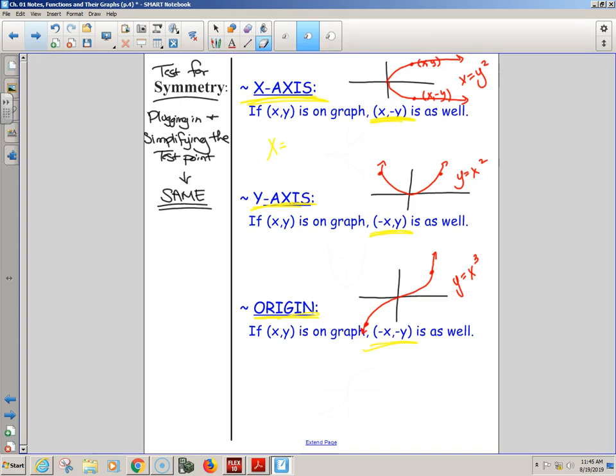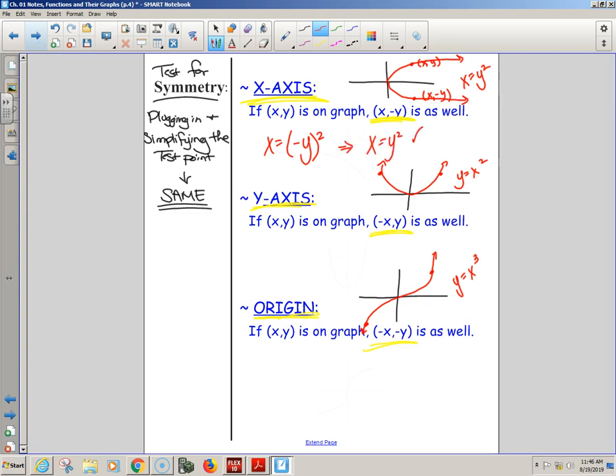You see how I plugged into the y inside, not outside? What happens if I keep the x the same, make the y opposite and simplify? It becomes the exact same as what it was.